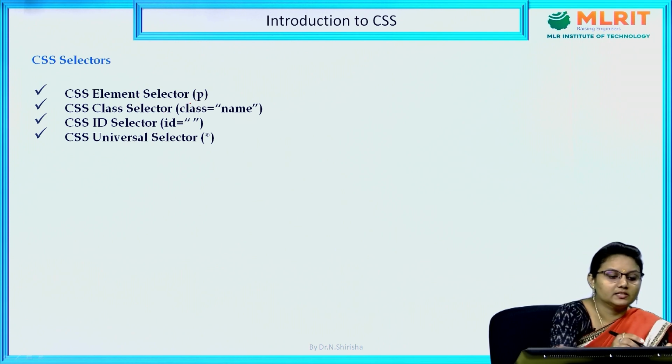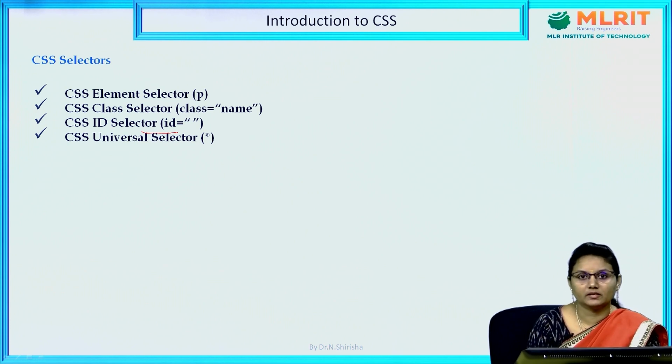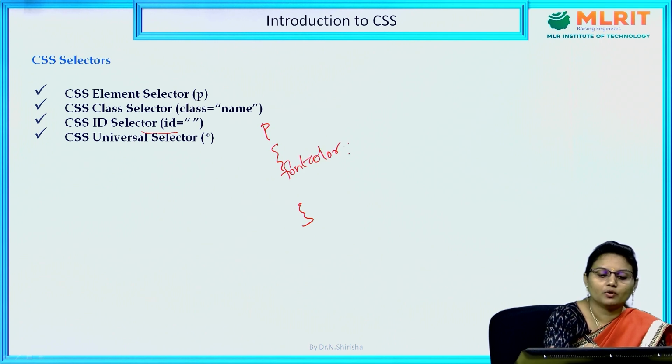And the ID selector. If you are using a paragraph tag, with multiple paragraphs in one web page, then what you will do is give an ID to each and every paragraph. Say I have a p tag and for this I wanted to give font color yellow.